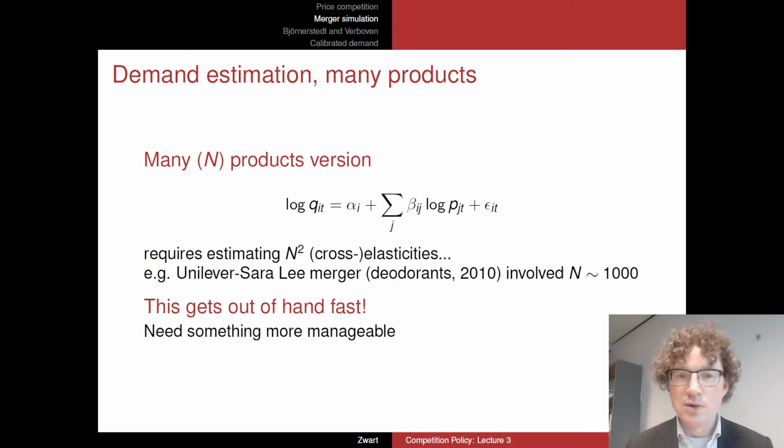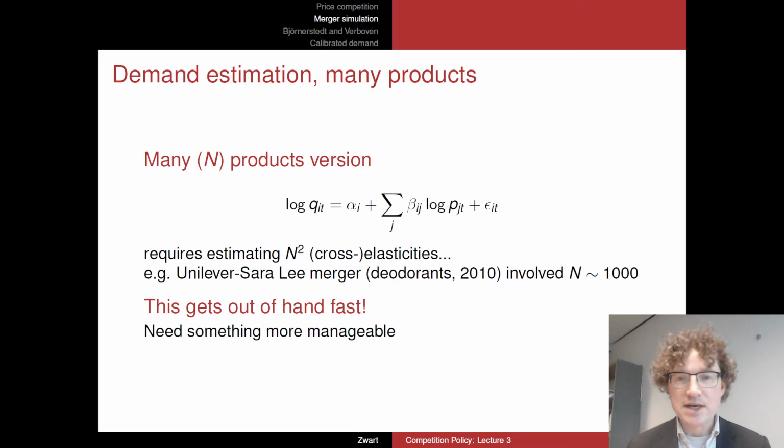We're going to look at a particular merger, the Unilever Sara Lee merger from 2010, which involved the deodorant products they both produced. That involved more or less 1,000 products, because you have lots of different brands in this market.